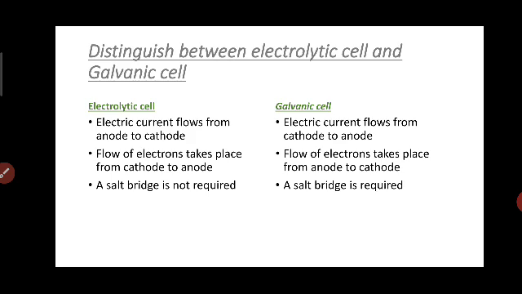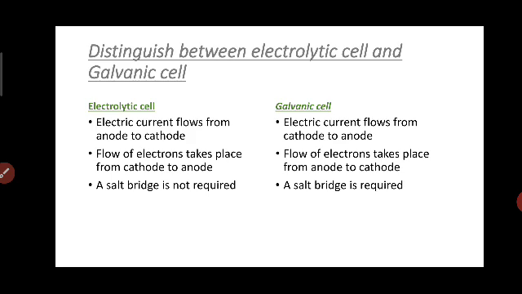In the electrolytic cell, there is a battery with two terminals, a positive terminal and a negative terminal. The negative terminal gives the electrons, which move towards the positive terminal of the battery. So here the negative terminal is the cathode and the positive terminal is the anode.